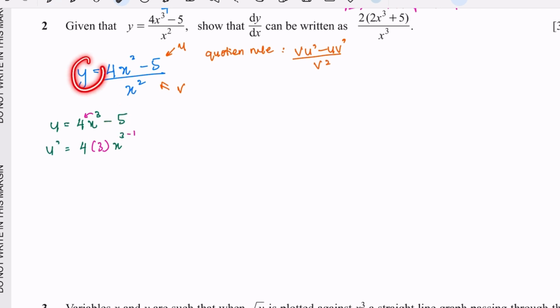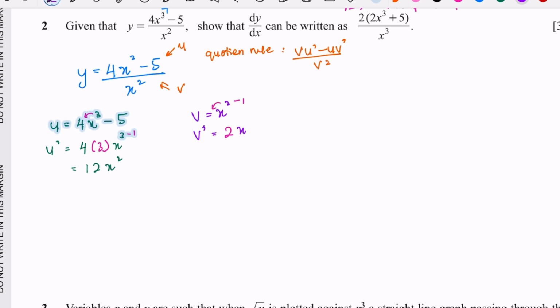For differentiation, if it's constant, it will be equal to 0. Now let's simplify this. We will get 12x power 2. Now let's do for v. v is x squared, v prime, 2 bring in front, minus 1, I'm going to get 2x power 1, or I don't need to write it.